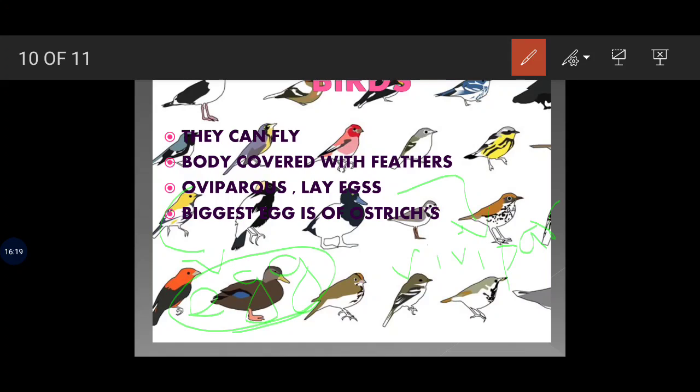In case of viviparous, the mother produces the babies, but in case of oviparous, they lay eggs.